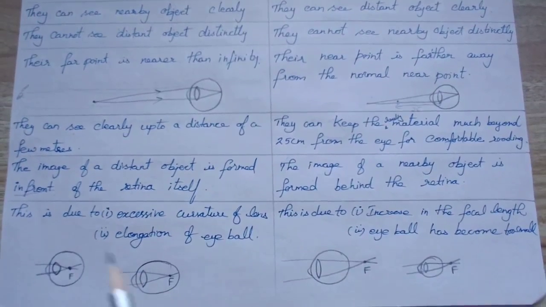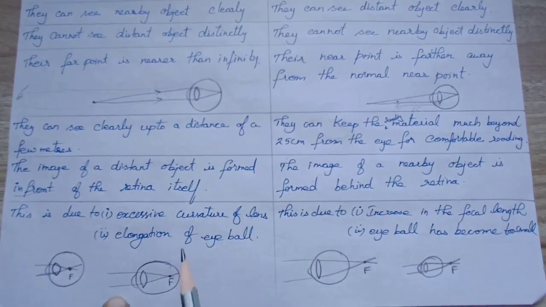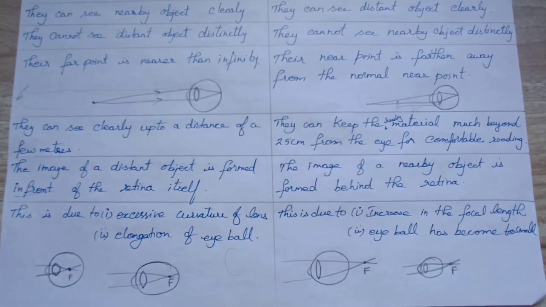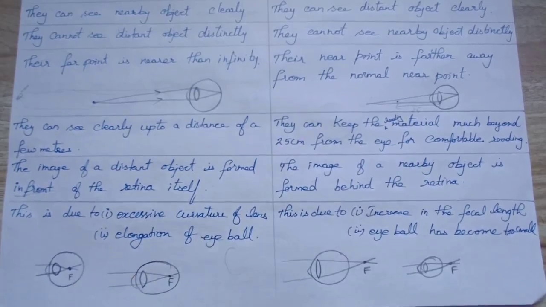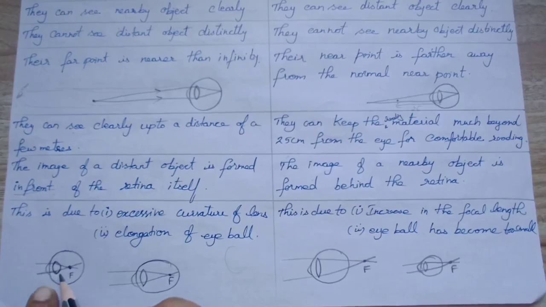Why does it happen? This is due to the excessive curvature of the lens. If the lens is more curved, that is excessive curvature. Because of the excessive curvature, the focal length will be less.